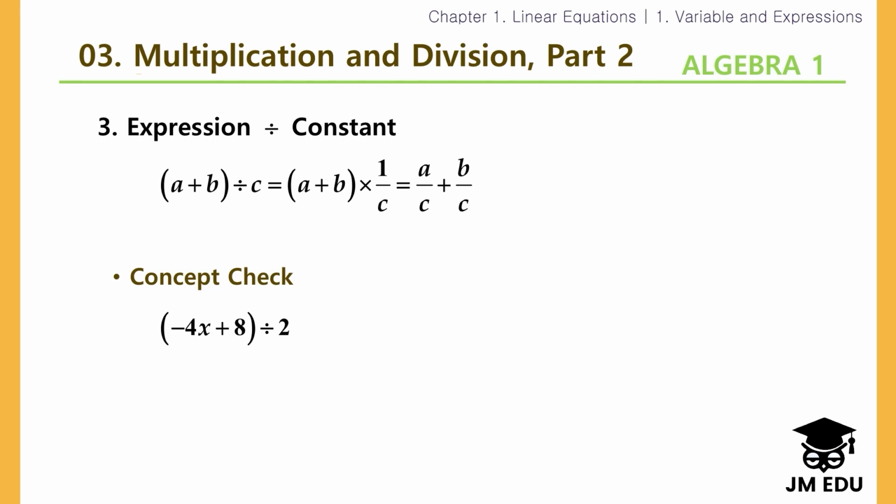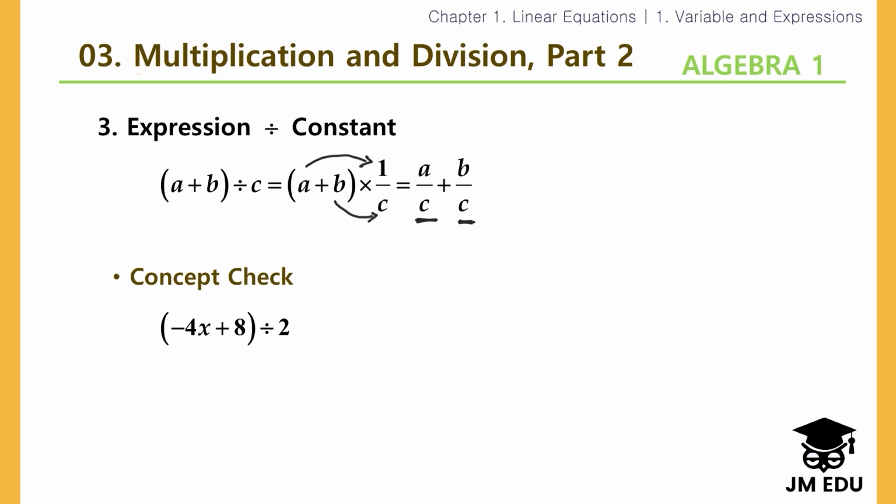So if we look at this expression, we have a plus b divided by c. That becomes a plus b times 1 over c. And now we have to apply the distributive property, right? A times 1 over c, that's a over c. Now b times 1 over c, that's b over c, right?